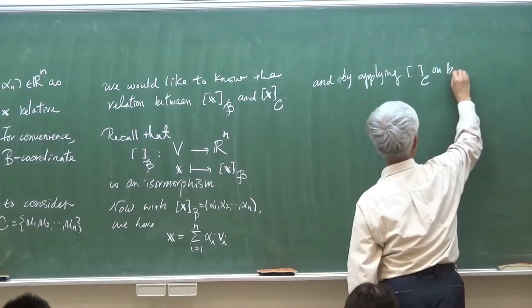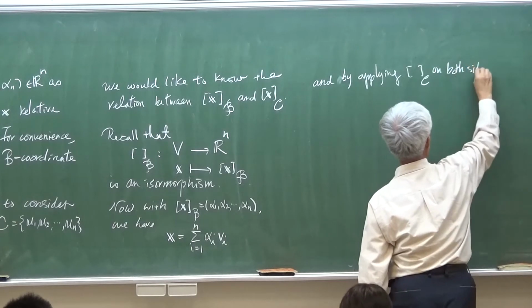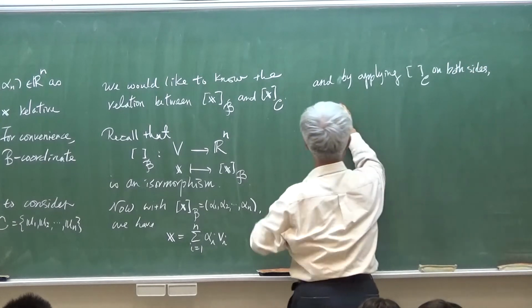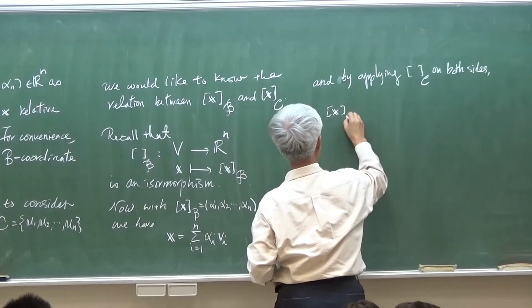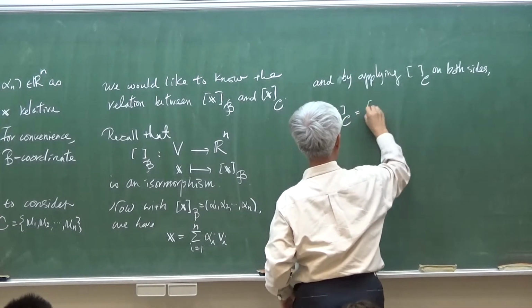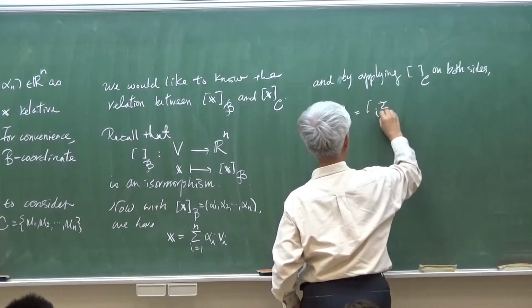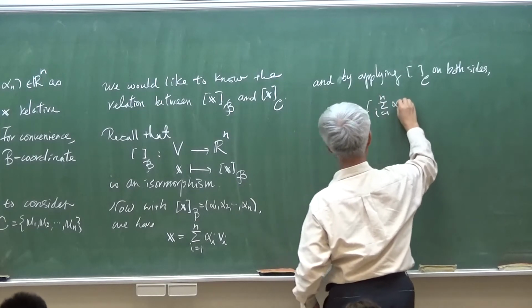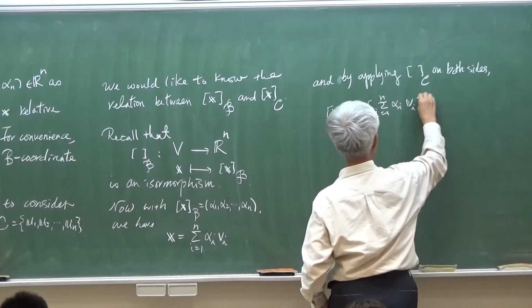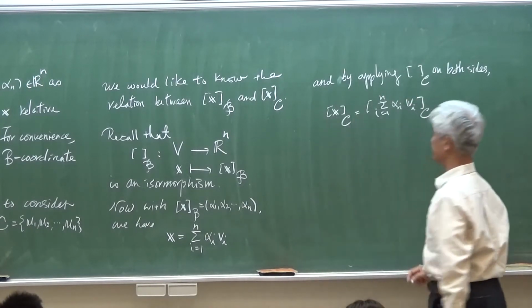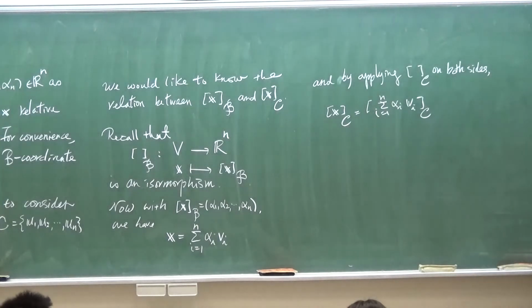On both sides. So we have the C coordinate of x now equal to the summation. Okay, so now we take the C coordinate on both sides.